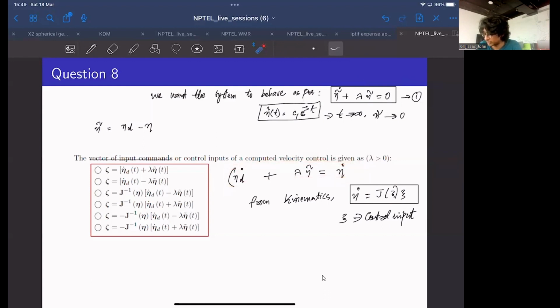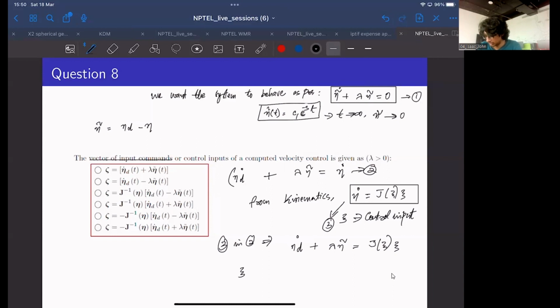So I'm substituting this relation into this equation. If I'm labeling this as equation 2 and this as equation 3, then substituting 3 back in equation 2 would yield eta desired dot plus lambda eta tilde equal to J of psi zeta. Then what would be zeta?